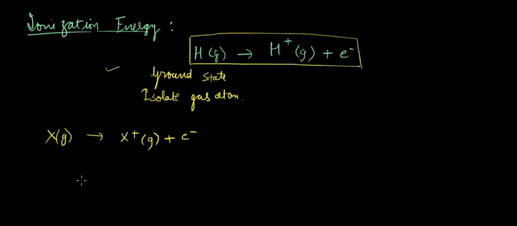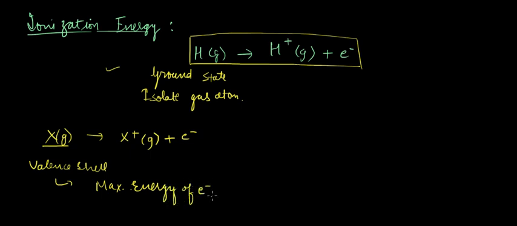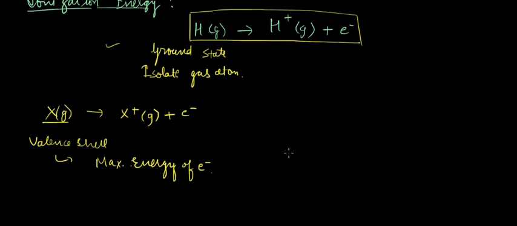So now for a general example, when the electron is in valence shell, maximum energy of the electron would be there. Okay, and as the electron gets closer to the nucleus, the energy lowers and lowers itself.